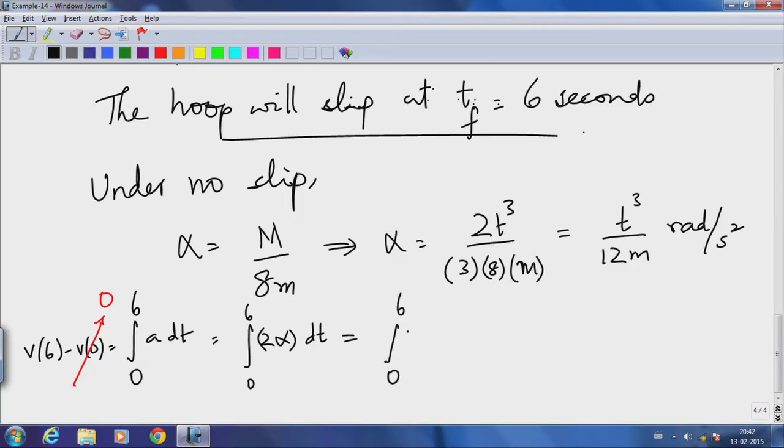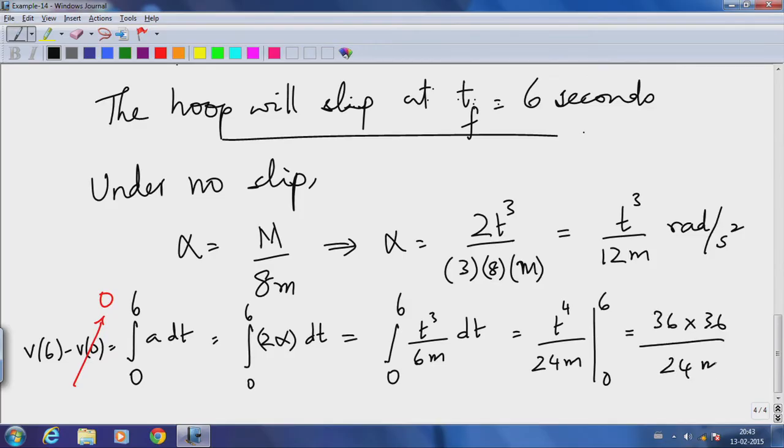This is 0 to 6, twice alpha is t cubed over 6m dt. So, this is 36 into 36 by 24 m.